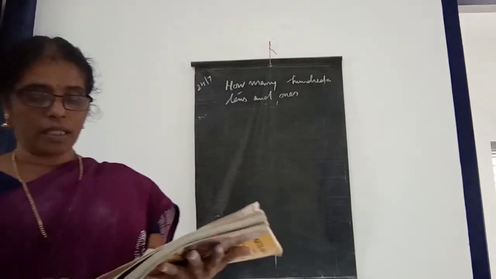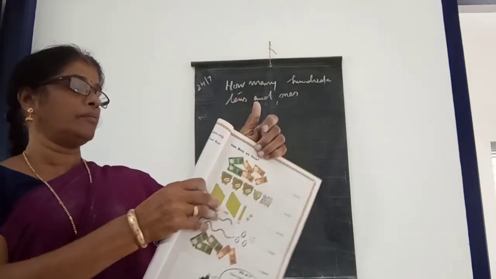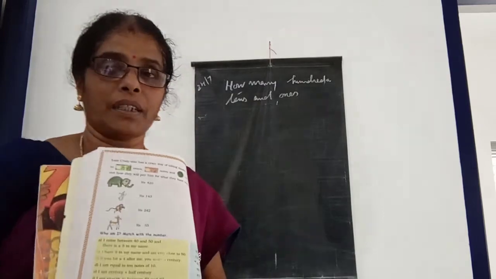In this second page, you can take it as homework. And on the next page, this one is Lazy Crazy's shop, and the animals are taking things from the shop, isn't it?